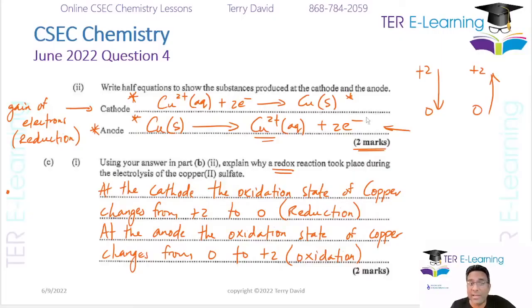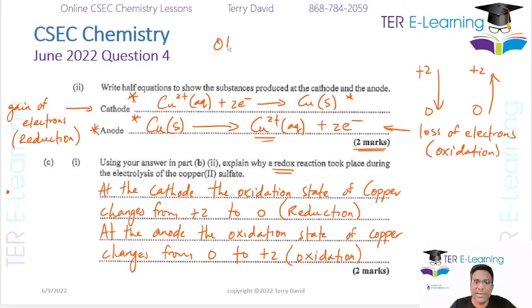Yes, you can. For the second reaction here at the anode, you realize you're losing electrons. So this one here is loss of electrons. And if you have a loss of electrons, that's called oxidation. So yeah, you can do it that way as well.